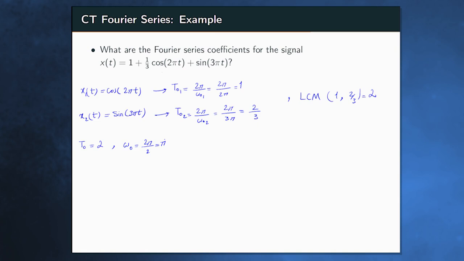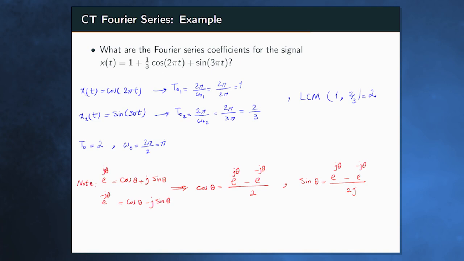All right. Now I'm going to write x of t in terms of complex exponentials. To do that, you can use the Euler formula. Here I provided the way I'm going to use the Euler formula to write these sine and cosine functions as complex exponentials, for your review.